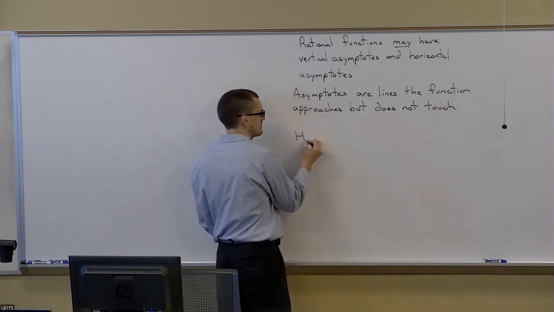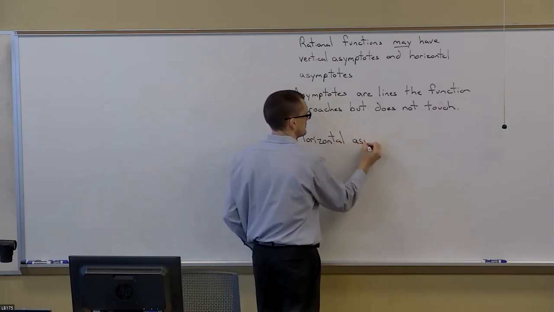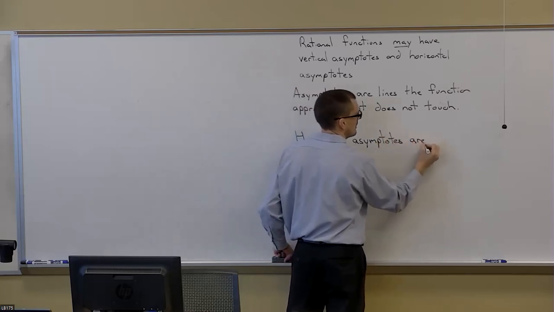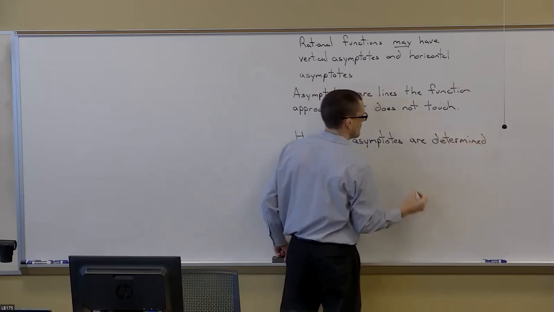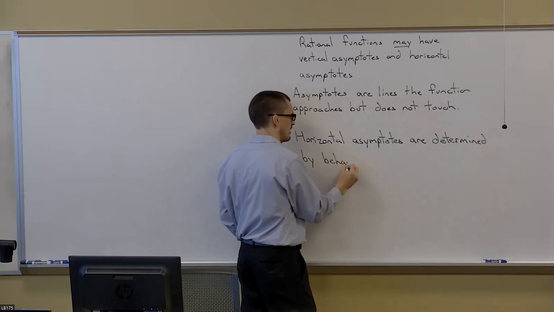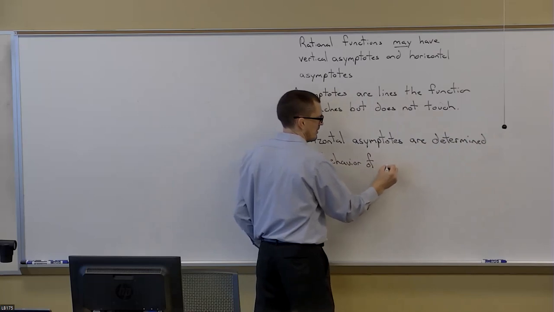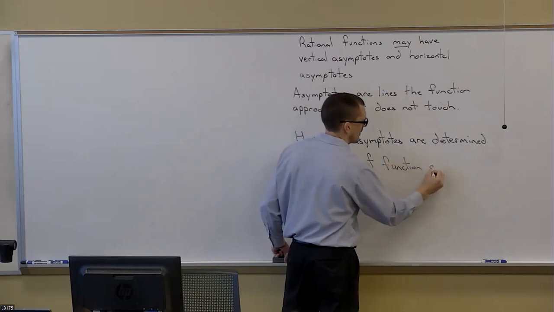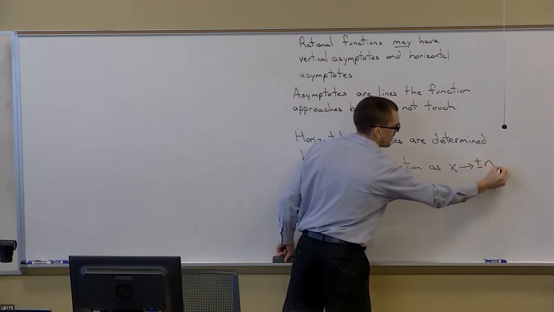So horizontal asymptotes are determined by the behavior of the function as x goes to either positive or negative infinity.